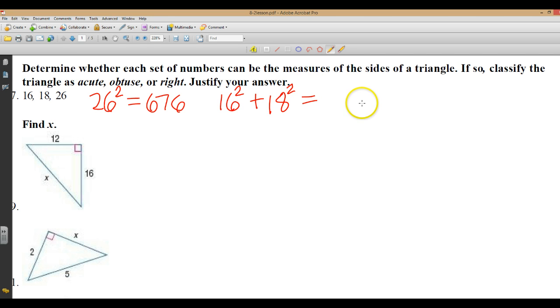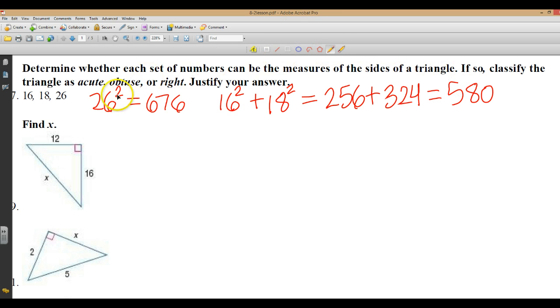So that would be equal to 256 plus 324. If we add those two together, we would have 580.